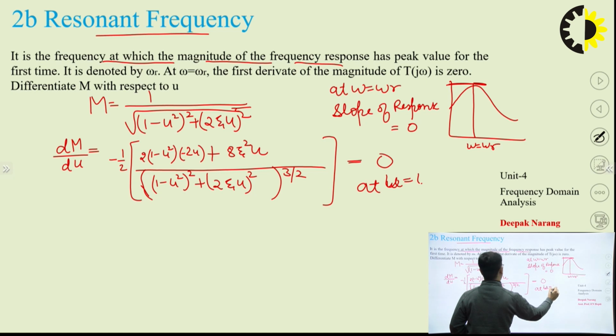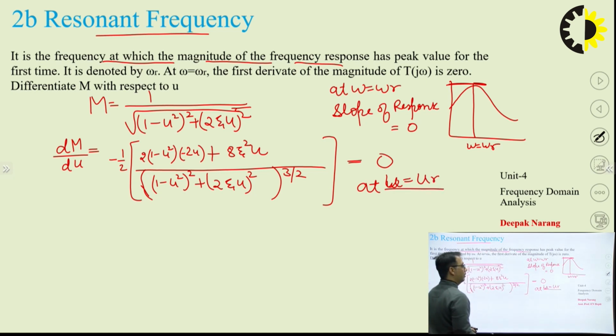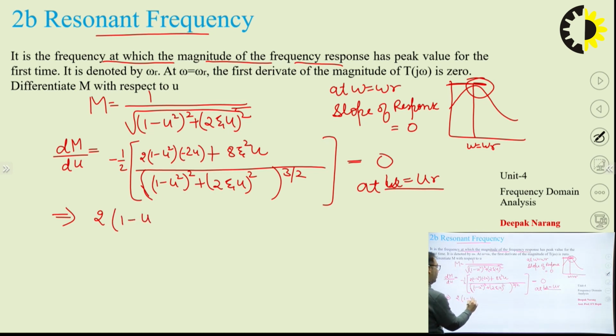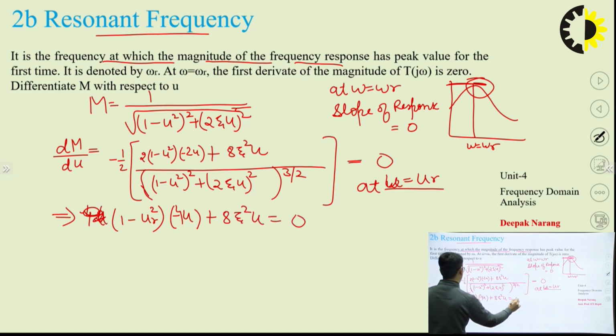This is equal to 0 at u equal to u r. At resonant frequency, this slope is 0. That is why we are putting this slope equation equal to 0. This implies 2 into 1 minus u r square into minus 2u r, replacing u by u r because we are operating at resonant frequency, this will become minus 4u plus 8 zeta square u equal to 0.